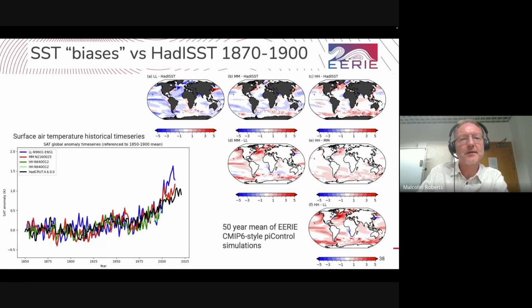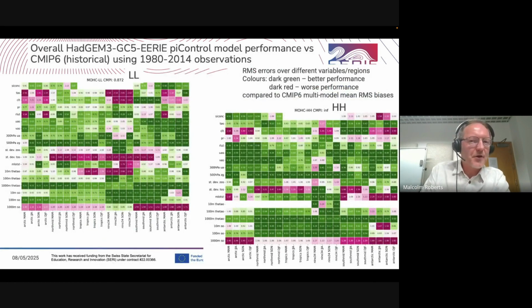Next slide, please. This is yet another version of looking at a bunch of variables and a bunch of biases. So here, again, the low resolution and the high resolution. On the y-axis, there are a few different variables, and on the x-axis are different regions of the globe. Dark green means the model is doing very well compared to the CMIP6 ensemble, and dark red means it's doing very badly.